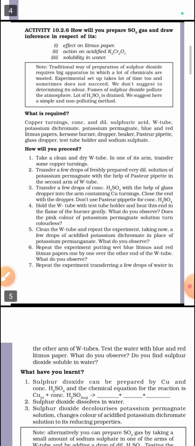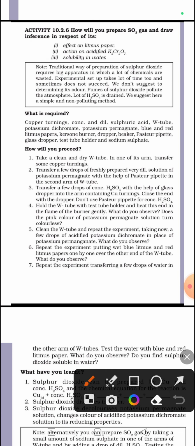Next activity is how will you prepare SO2 gas and draw inference with respect to its effect on litmus paper, action on acidified K2Cr2O7, and solubility in water. For this, take a clean and dry W tube.